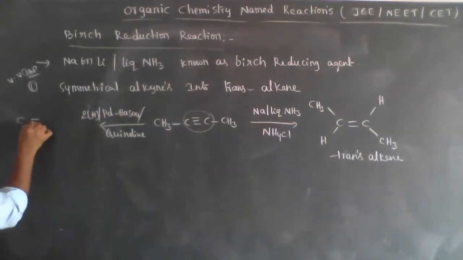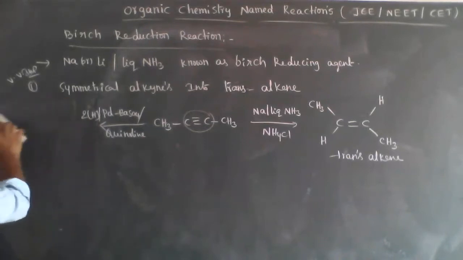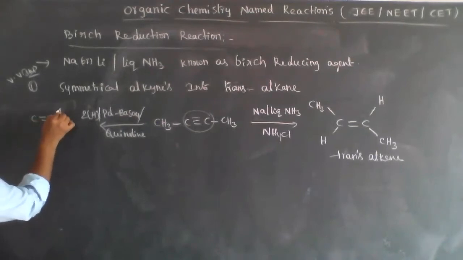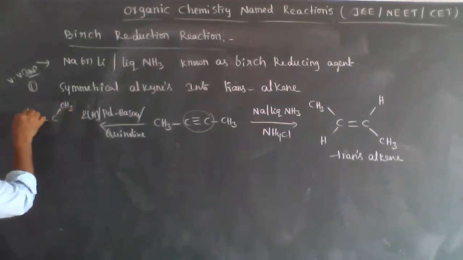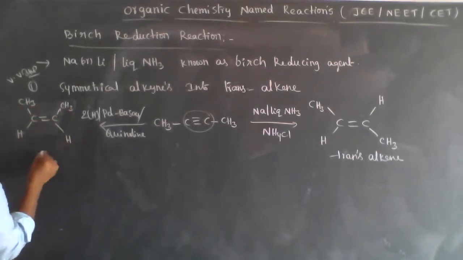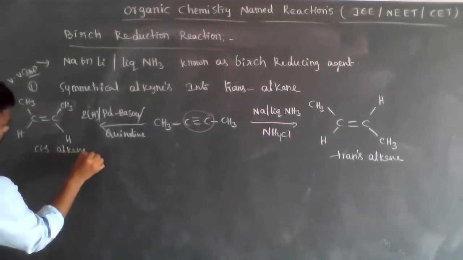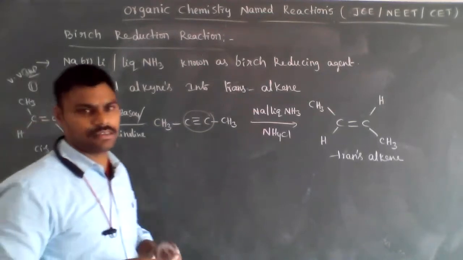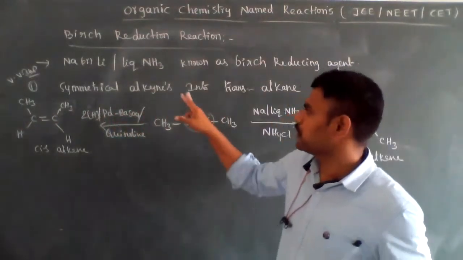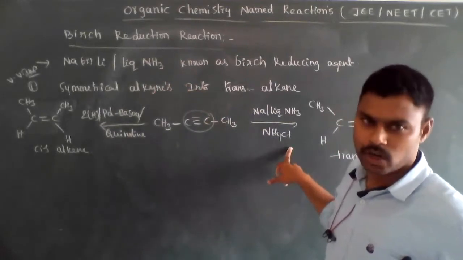Then we get cis alkene. Okay, this is one important application for the Birch reducing agent, sodium or lithium in the presence of liquid ammonia and ammonium chloride.